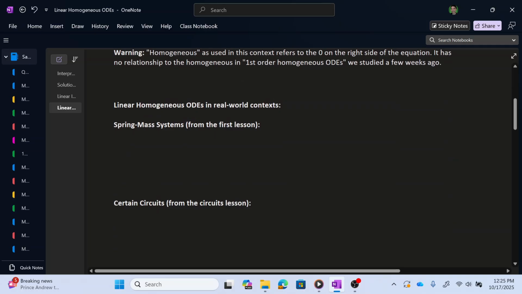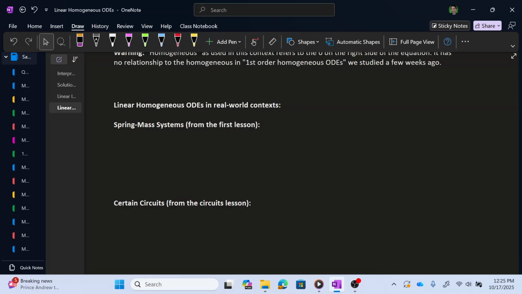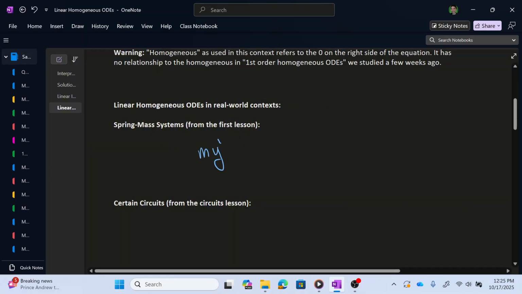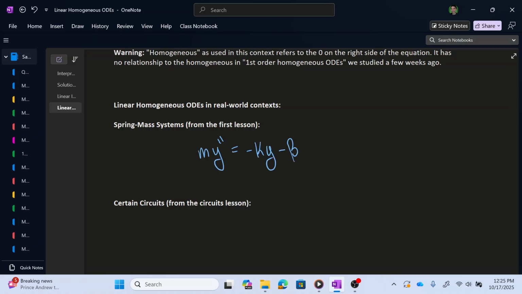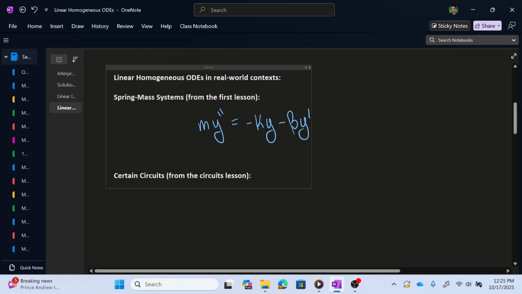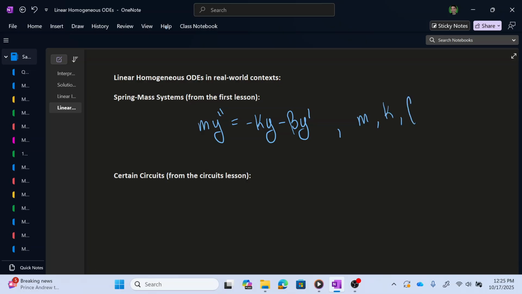For example, all the way back in lesson number 1, we derived the differential equation associated with spring mass systems, where we saw that mass times acceleration was equal to restoring force plus damping force, where m was the mass, k was the spring constant, and beta was a constant associated with how much drag or air resistance your object was experiencing. So these are all constants, these are all numbers.